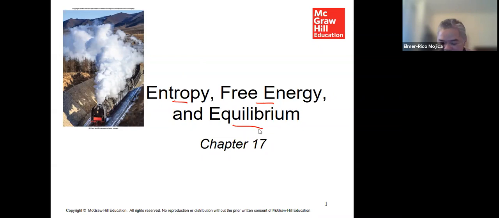In such a way, it's still directly related to what we have discussed so far, like what we started with in chapter 14, which I mentioned to you as the most important chapter. So the concept of entropy, free energy, and equilibrium, we should learn by the end of this chapter.